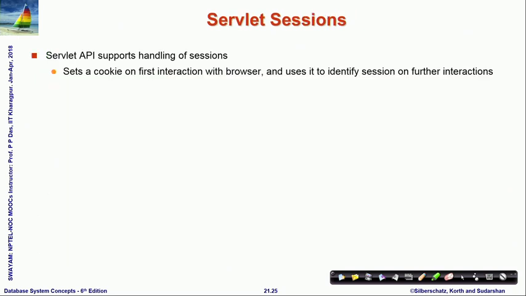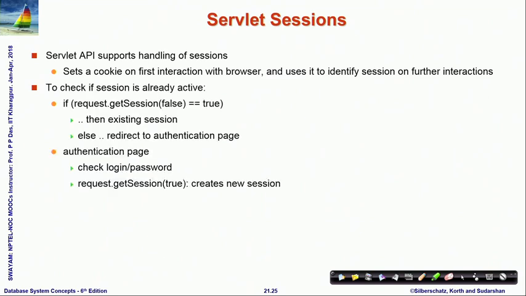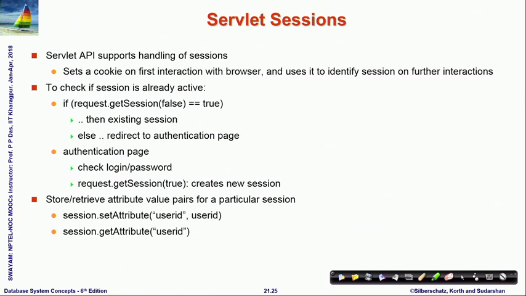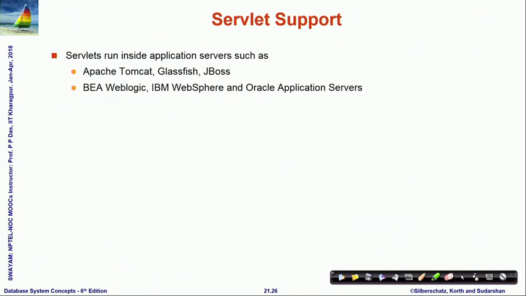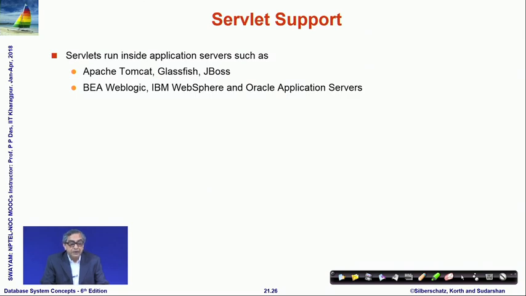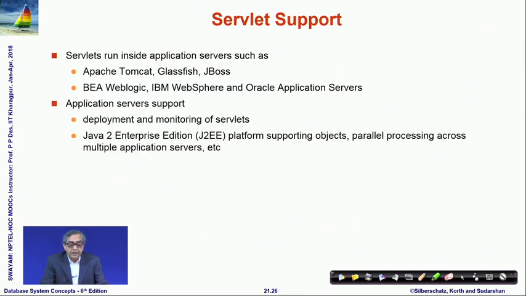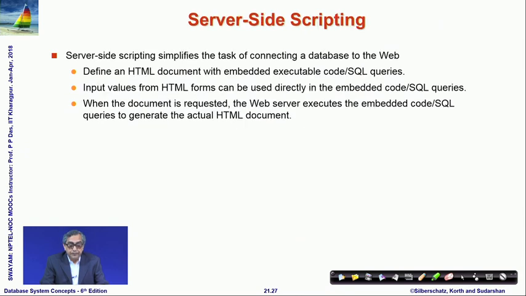Now, naturally servlets maintain sessions the way we talked about, so that through an interaction I can continue to be identified, and the servlet can check whether the session is on or already over. These are different ways of doing that in terms of checking the user ID. Several web servers and application servers have support for servlets. Apache Tomcat is one of the very popular ones which you must have heard of, and there are several other servers as well.